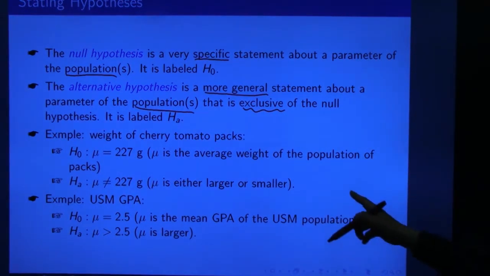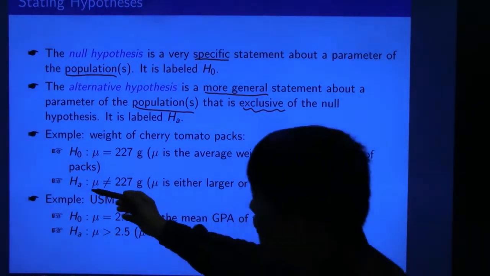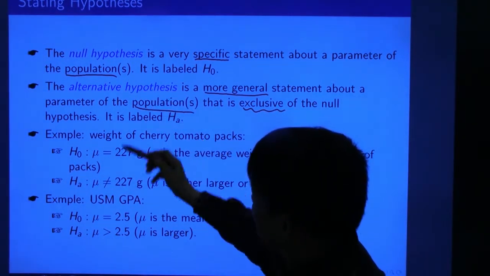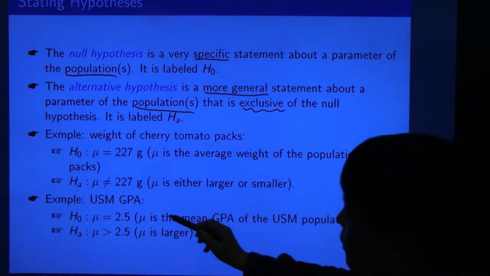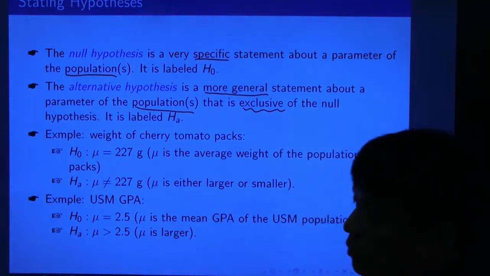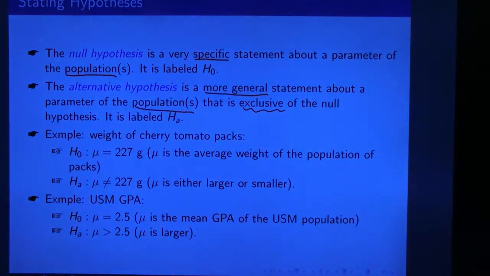So that is H0. On the contrary, HA is also about the population, so we also say mu, but the statement is more general. It says not equal to 227. This one is a specific number; this one is not equal to 227. Maybe greater than 227, maybe smaller than 227.